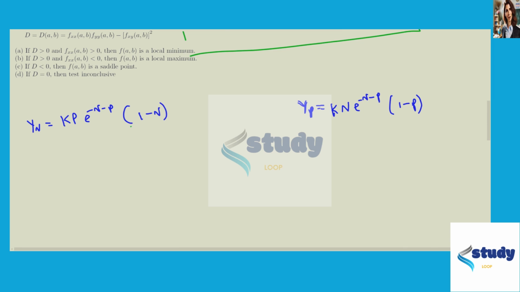So if we were to just do the partial of this with respect to n, so we get the second with respect to n, and again we're going to have to use product rule.